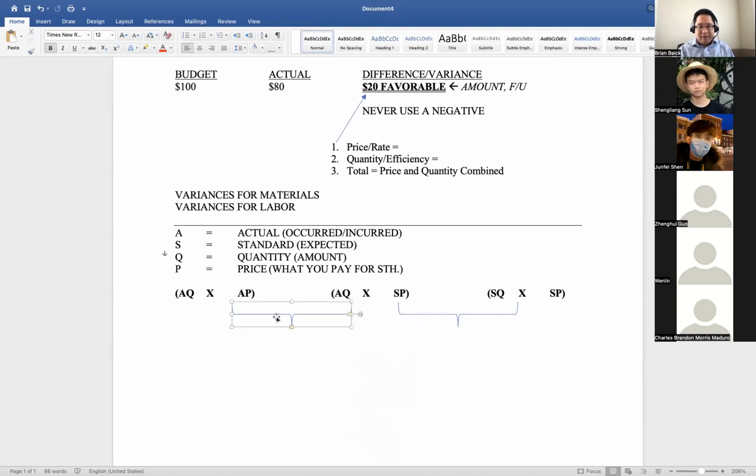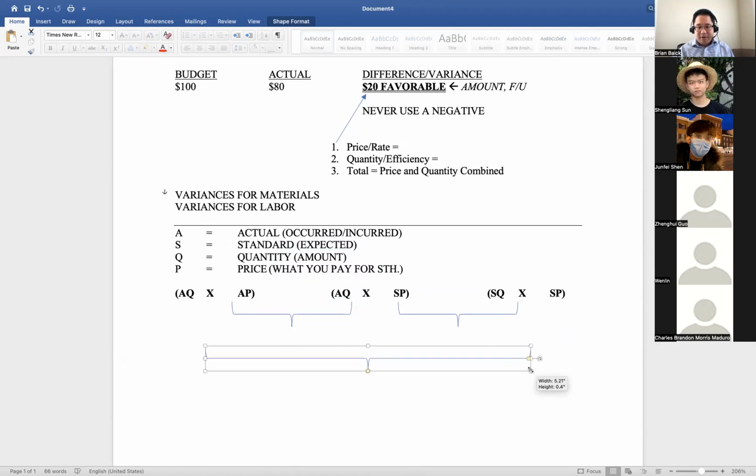And lastly, you can get a variance from the first number to the last number. So the variance from the first number and the middle number.